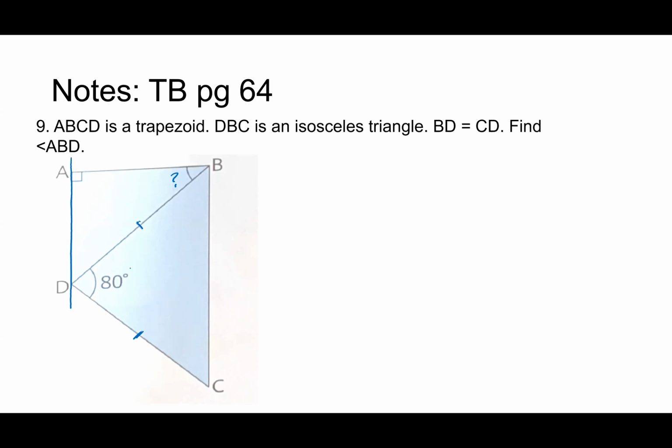Yep. So if you have 180 minus 60, it's 120 degrees, and you divide it by 2 to find angle B. Yep, good job. And then that angle is 90 degrees, so you do 90 minus 60 degrees.